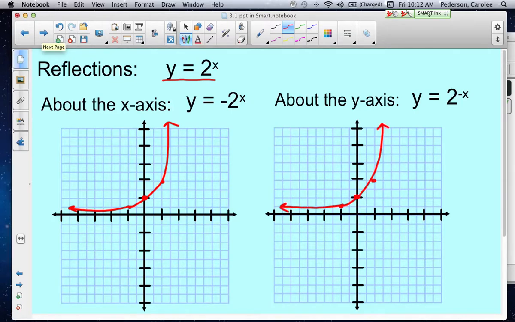Then the first one, the example is it's reflecting about the x-axis. So imagine folding a piece of paper along the x-axis. Where would my critical point now be? Not 0, 1, but 0, negative 1. And then this point, 1, 2 would be at 1, negative 2.